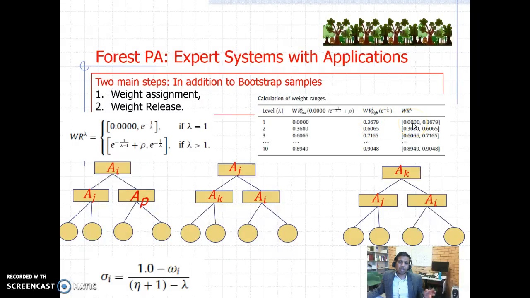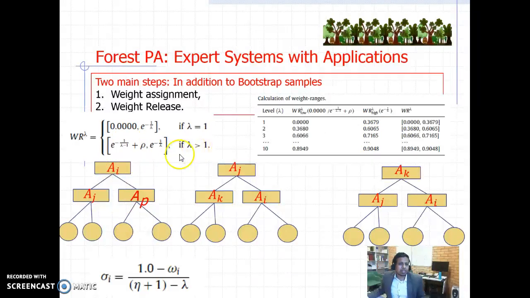So we pick randomly within this range. So the weight is very low. You can see the maximum possible weight for the root node will be 0.3679. So instead of 1, it becomes at most 0.37. That means it's heavily punished, and the chance of this attribute being chosen in the second tree will be very low. That's the idea.